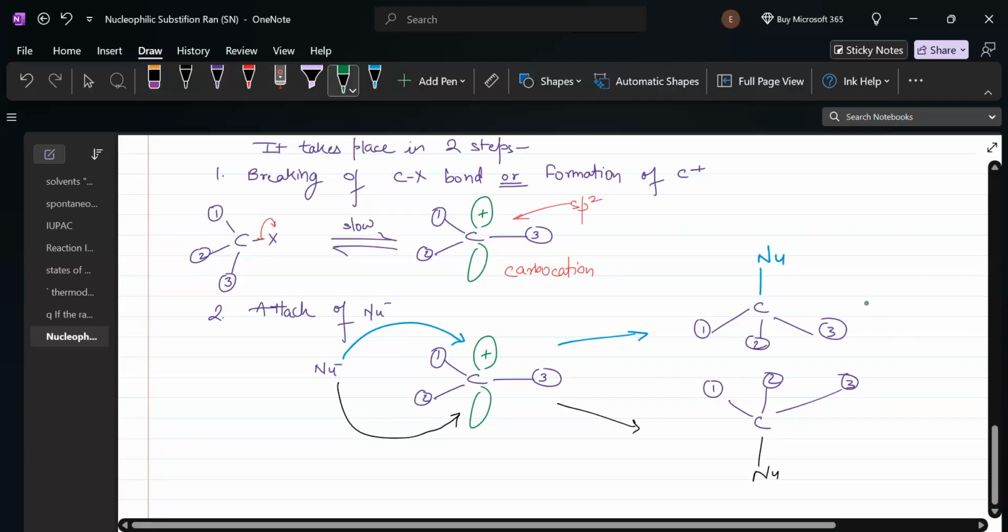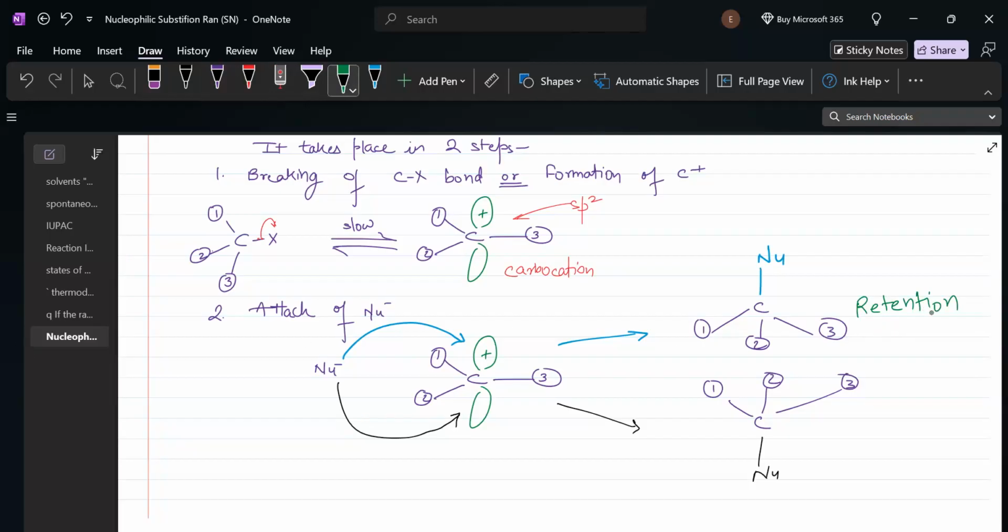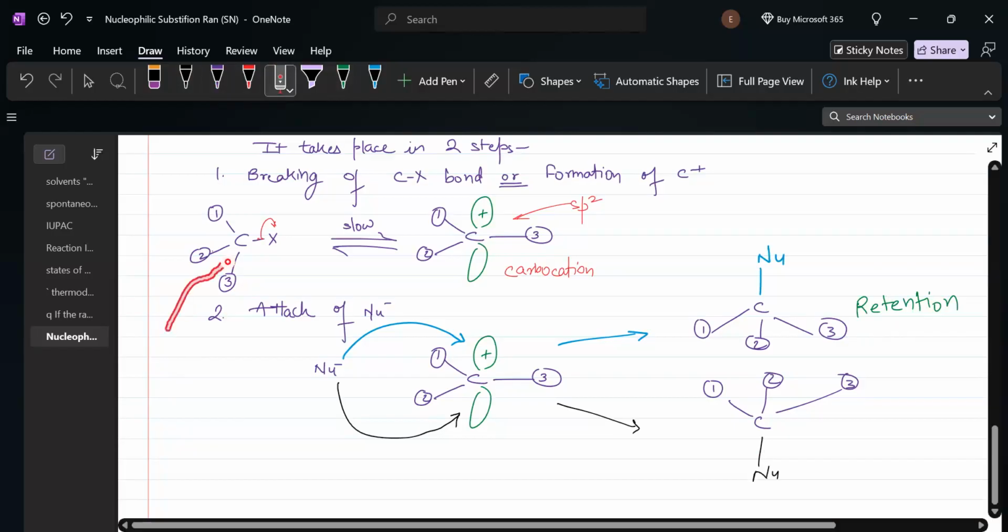Retention means the structure was retained, the structural isomerism was retained. And if it is attacked from the behind side, like for example, if it attacks from this side, this one group will form here, two will form here, and three will form here.